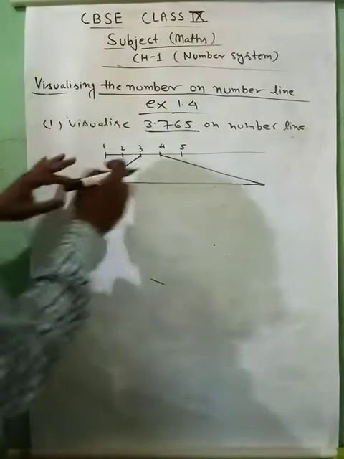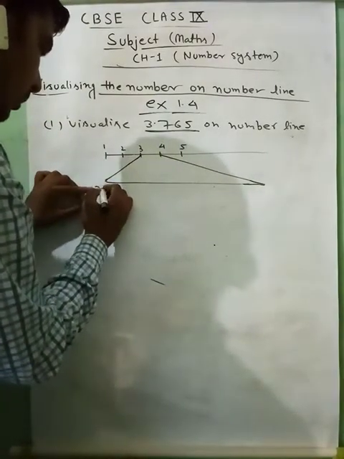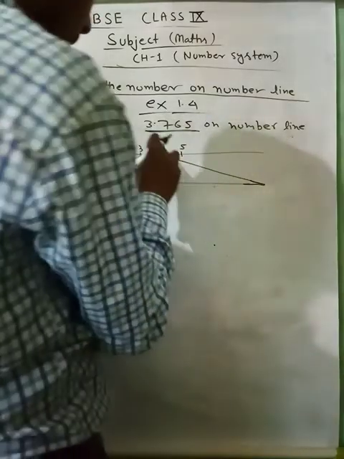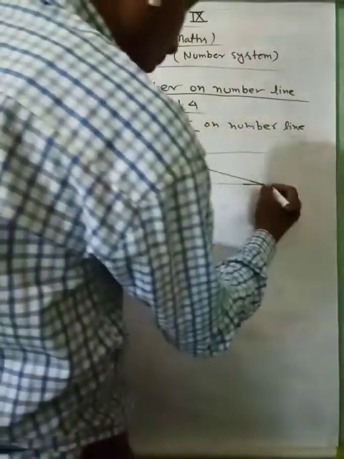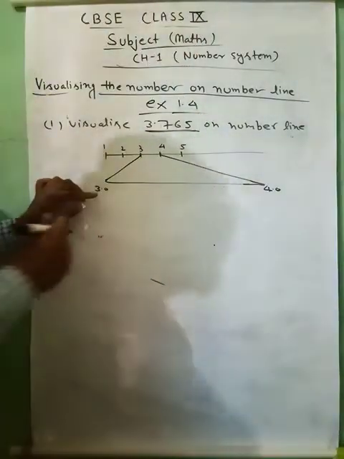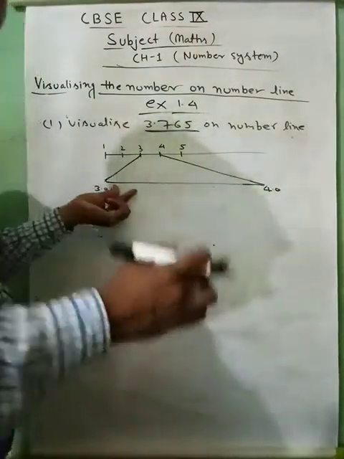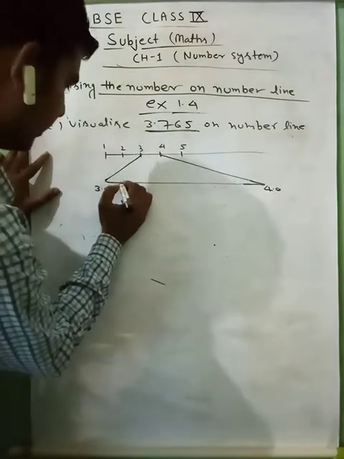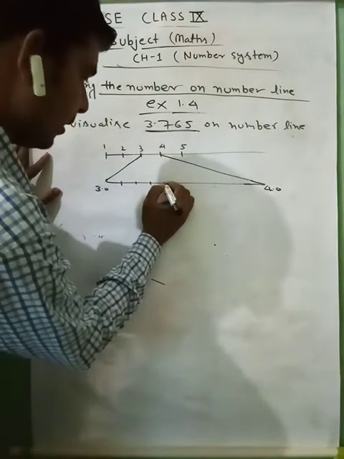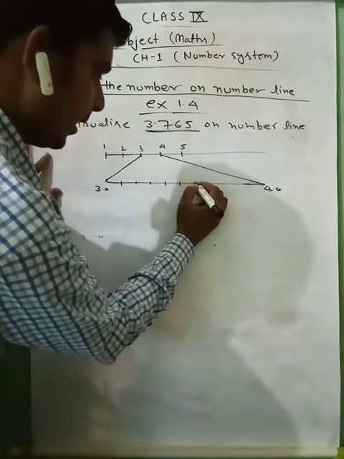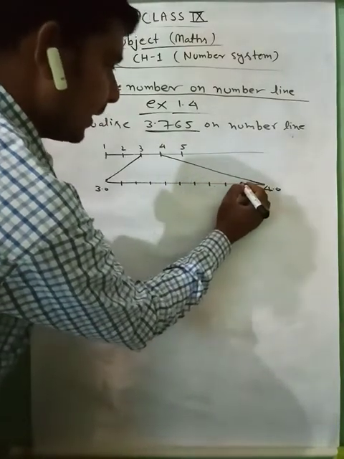After seeing, it will be 3.0. After writing 3, we will use a point and 0, and it will be 4.0. Now we will divide this length into 9 equal parts. It means 1, 2, 3, 4, 5, 6, 7, 8 and 9.